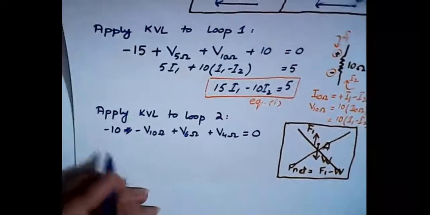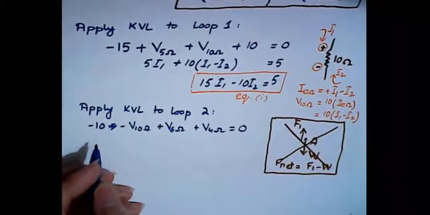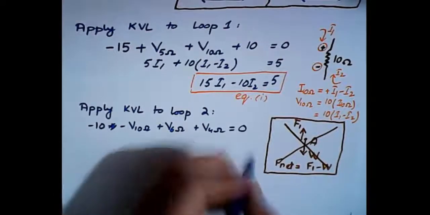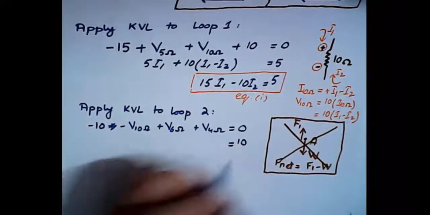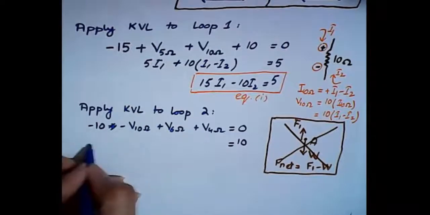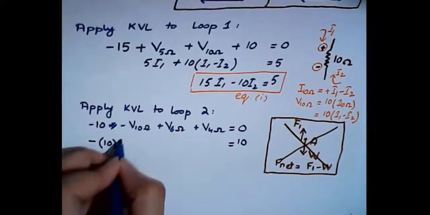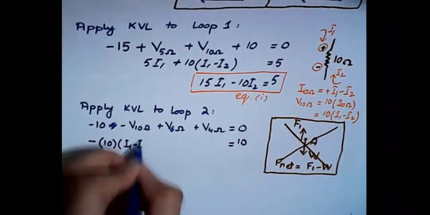So what will be its voltage in terms of resistance and currents? Equal to minus V10, minus sign will remain as it is, right? 10 times (I1 minus I2).